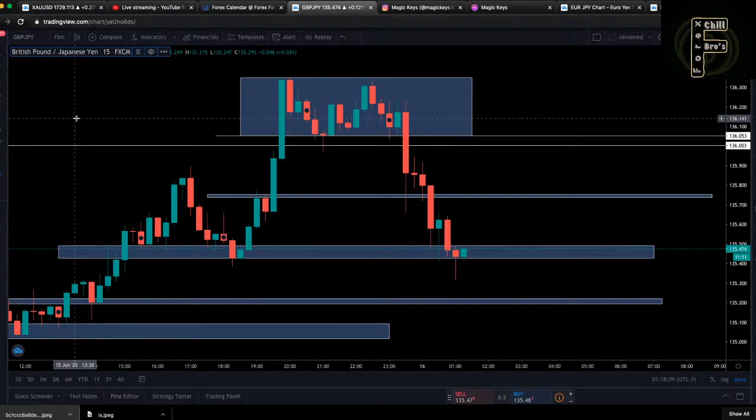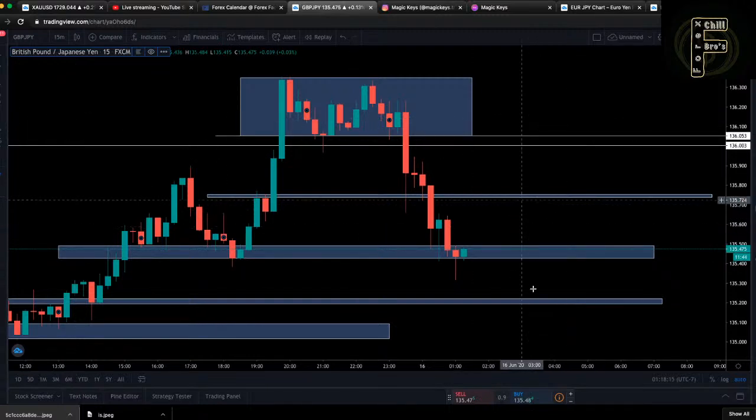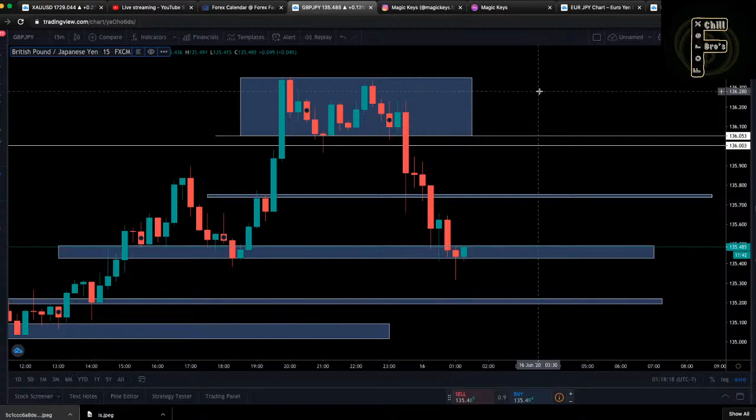The 1 hour was flipping, so we might be pushing up to form a new resistance to push back down, or just keep pushing up.